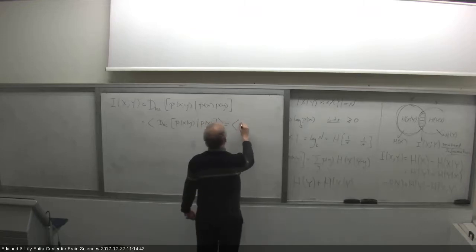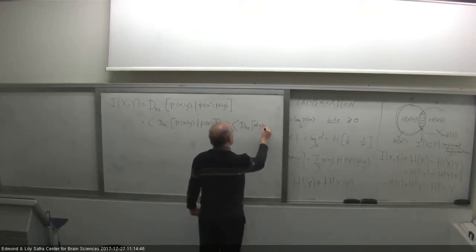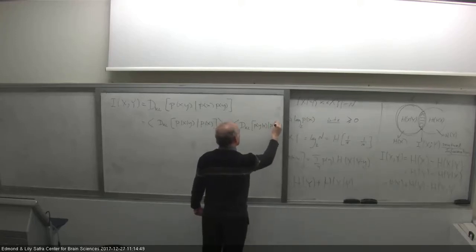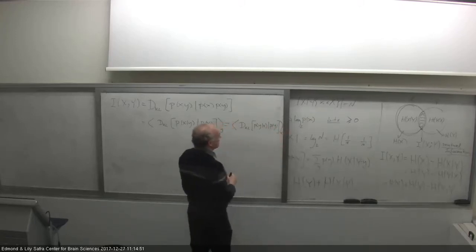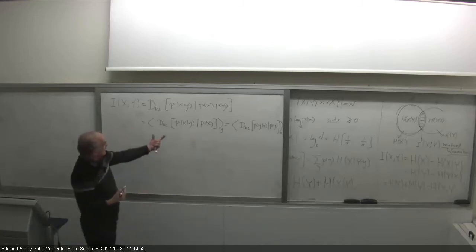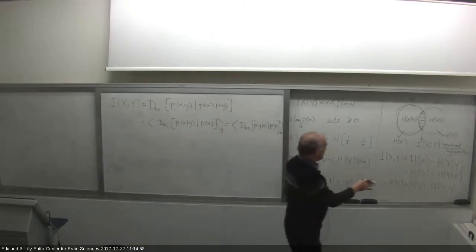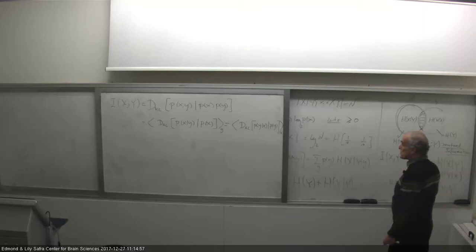It's also the average KL divergence of P(y|x) to P(y), average over x in this case. So this corresponds to this, and this corresponds to this.